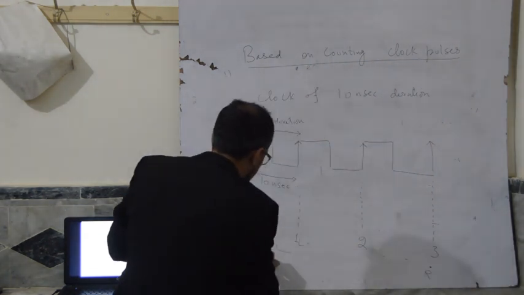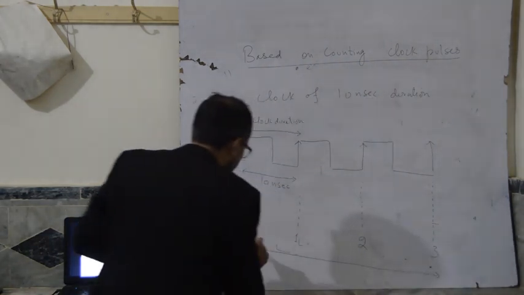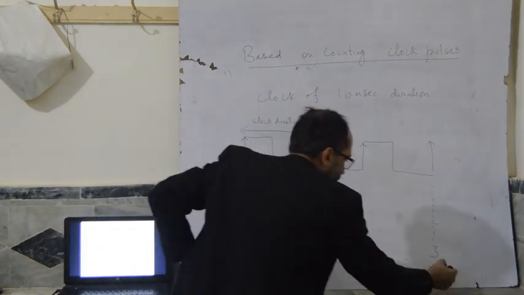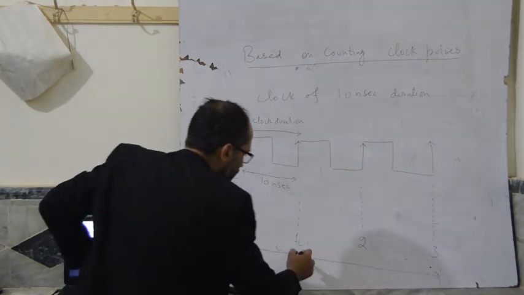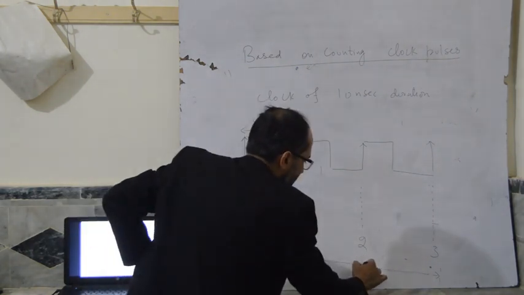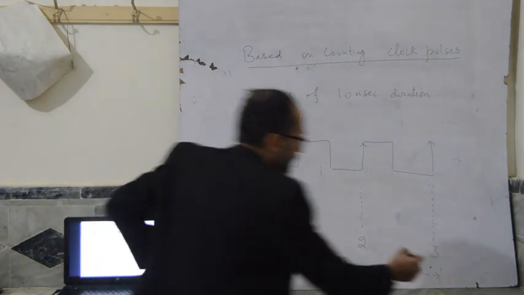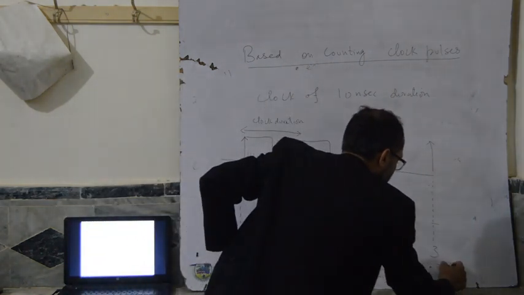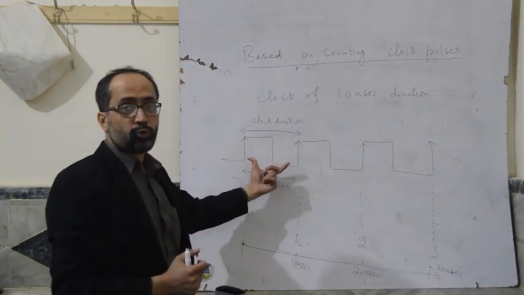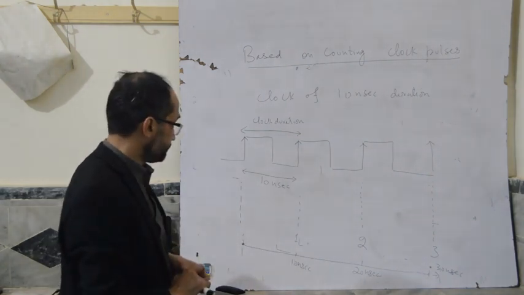If this is the timeline, and we start the time from here and it finishes here, the duration will be 10 nanosecond. For 2 clock cycles, the duration will be 20 nanosecond, and for 3 clock cycles, the duration will be 30 nanosecond. We assume that one clock duration is 10 nanosecond.